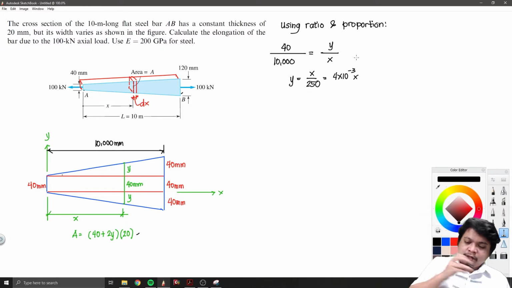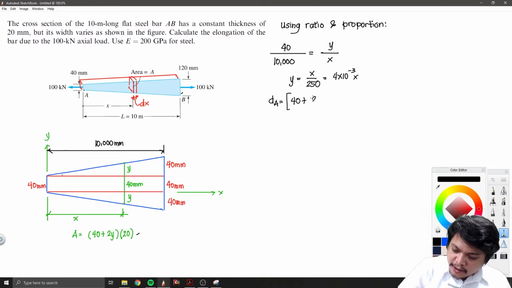Okay? So, kung kukunin ko yung aking isang area, iyan ko yun, 40 plus 2y. Kaya lang ang y ko is x all over 250. Okay, and then multiply it by the thickness of 20.